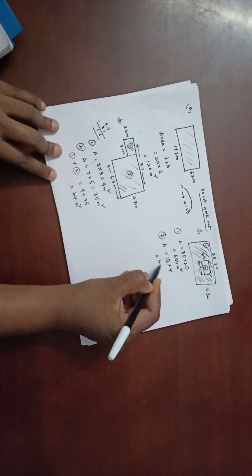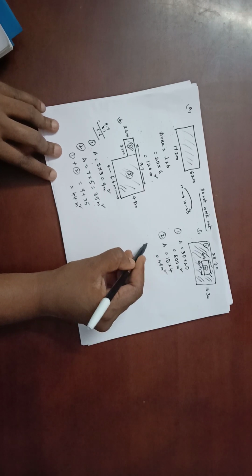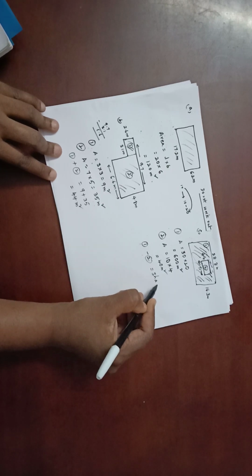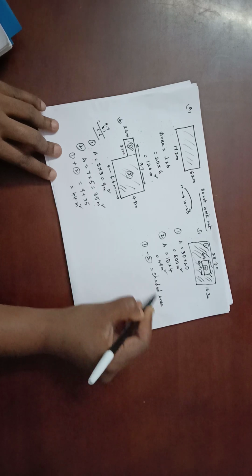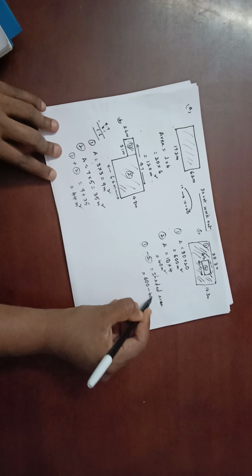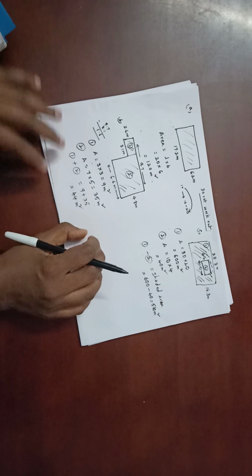So it is 40. Bigger one minus smaller one gives the shaded area. So 600 minus 40 equals 560 meters square is the shaded area.